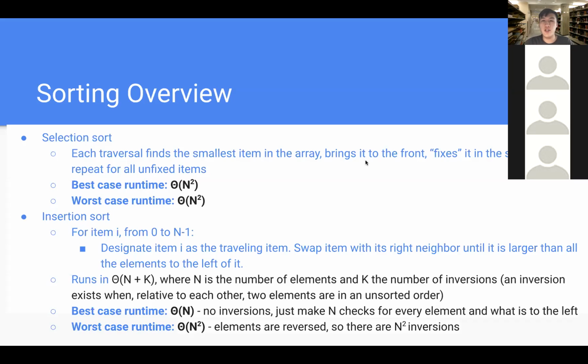This is the summation of n plus n minus 1 plus n minus 2 all the way to 1. Do you guys remember what this sums up to? I think I covered it in our lecture for runtime. N squared. Yeah. So that is the reason why the worst case runtime is n squared.